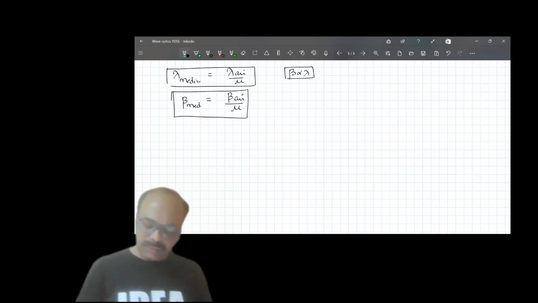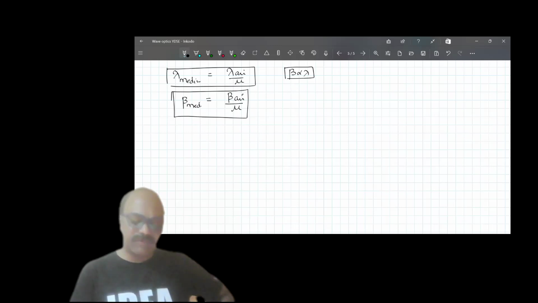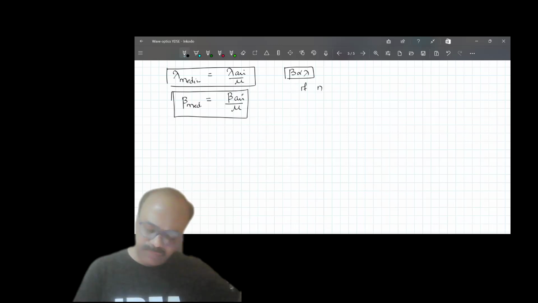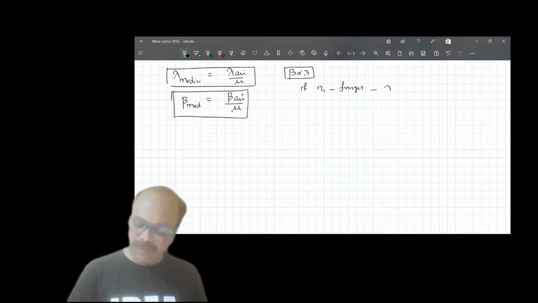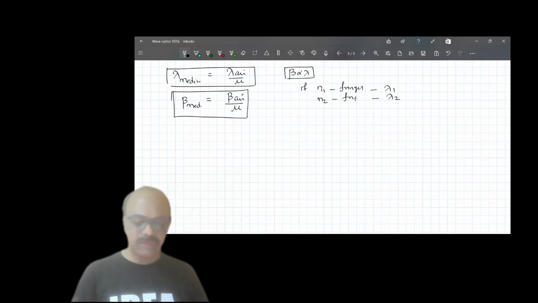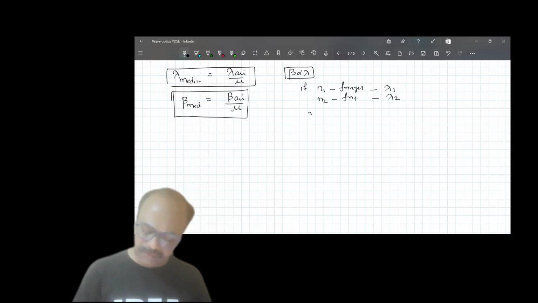And suppose in a problem they use it in a certain way. If N1 fringes are formed when the wavelength is lambda 1, and N2 fringes when the wavelength is lambda 2, then the condition we can write is N1 lambda 1 equals N2 lambda 2.